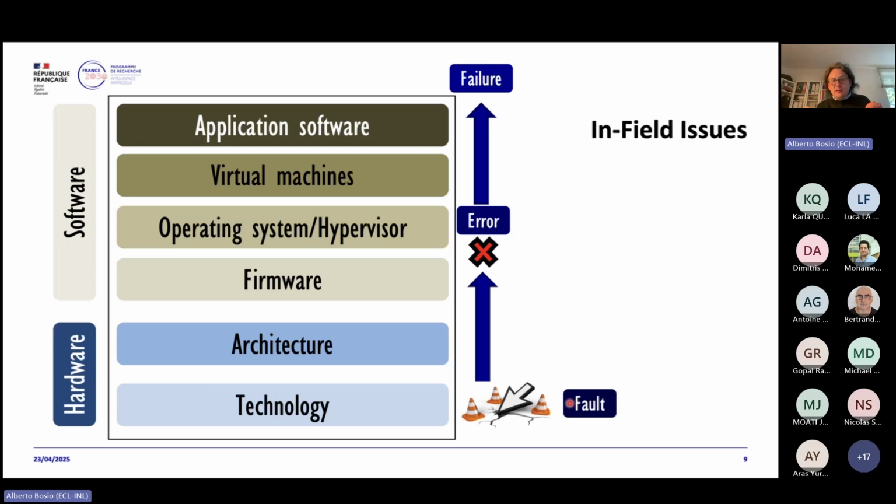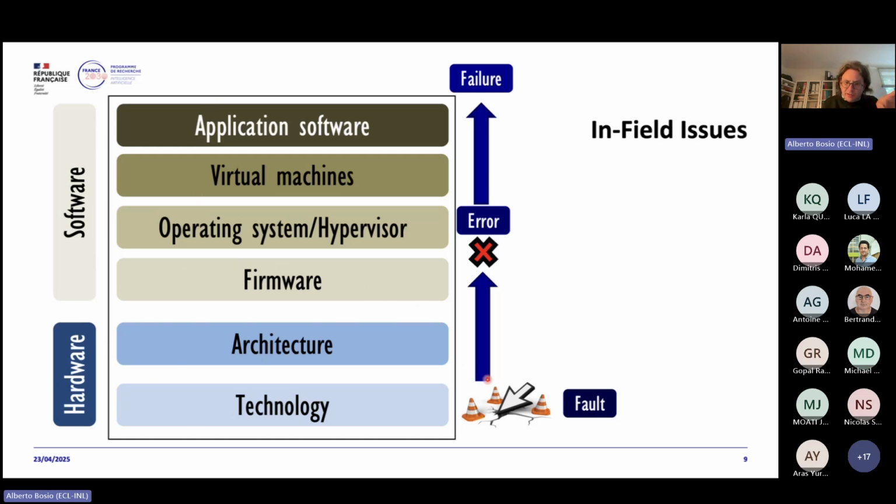And the key point is, okay, we have those problems, but how will they behave with respect to my system and with respect to the application running in my system? This is just a scheme to represent our computing system. You have a certain number of hardware layers and then software layers.